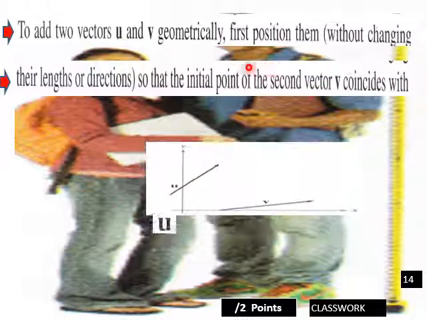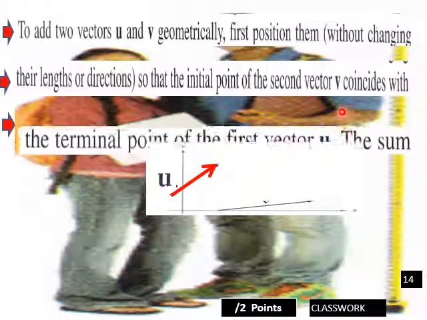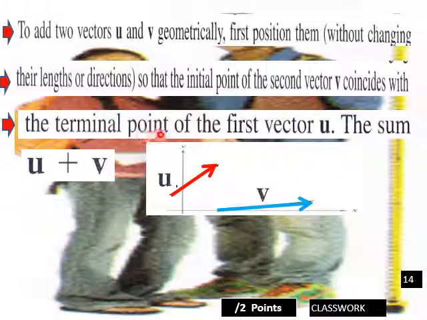Classwork, page 14. To add vectors u and v geometrically, first position them without changing their lengths or directions, so that the initial point of vector v coincides with the terminal point of the first vector u.